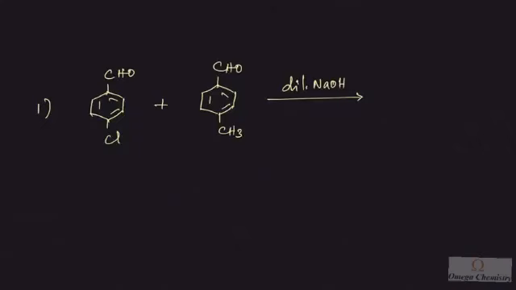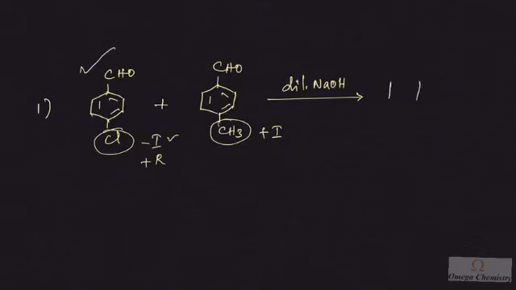Now let us discuss some cases. Here I have taken parachlorobenzaldehyde and paramethylbenzaldehyde, right? Here we know that this methyl group is a plus I group, and this chlorine is a minus I group, as well as a plus R group. So as far as this compound is concerned, the minus I group will increase the stability of the carboxylate ion that is going to be generated, which means this compound will preferentially become the carboxylic acid salt, and the other the alcohol.